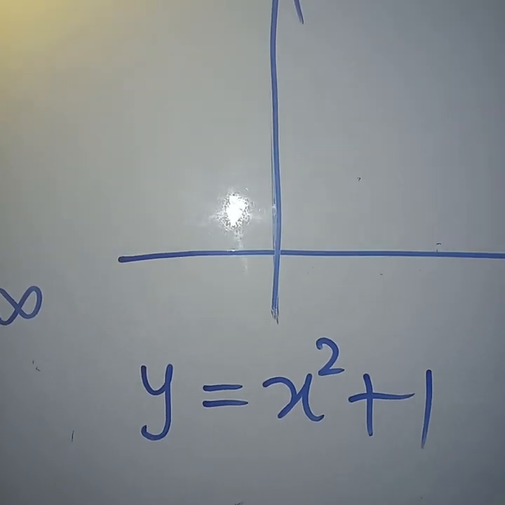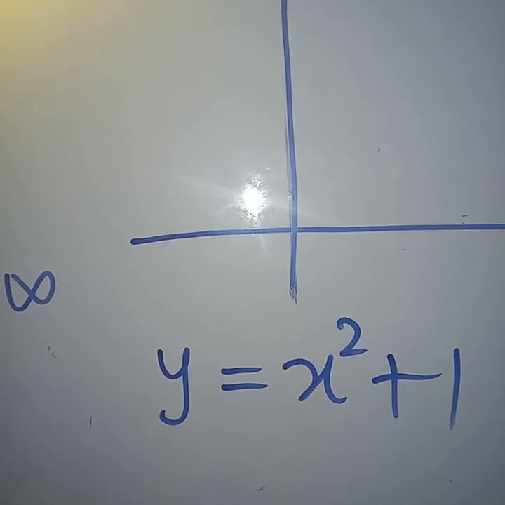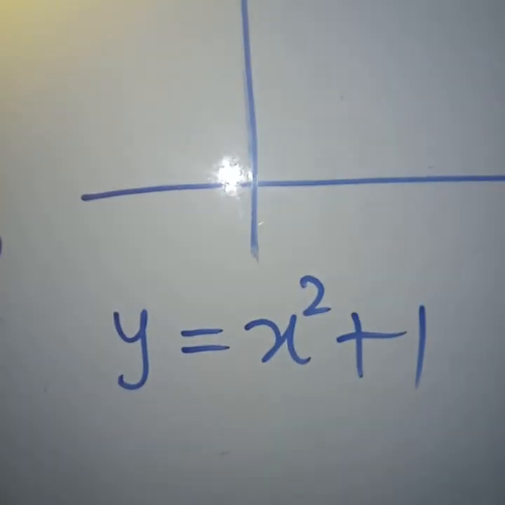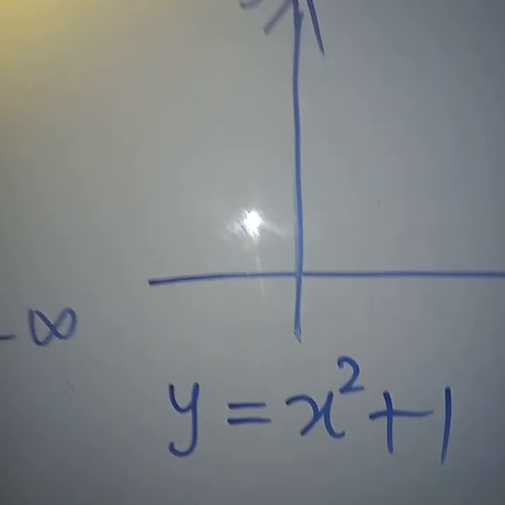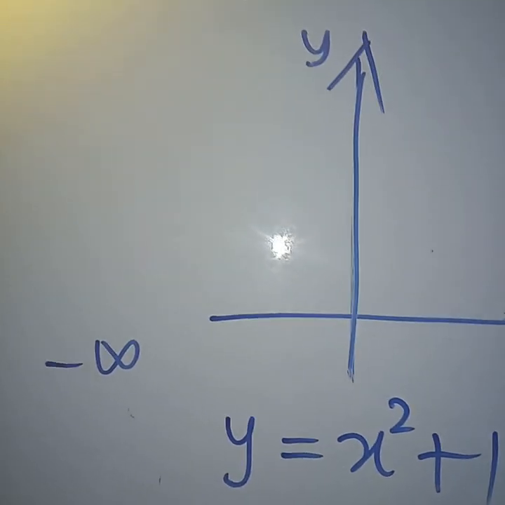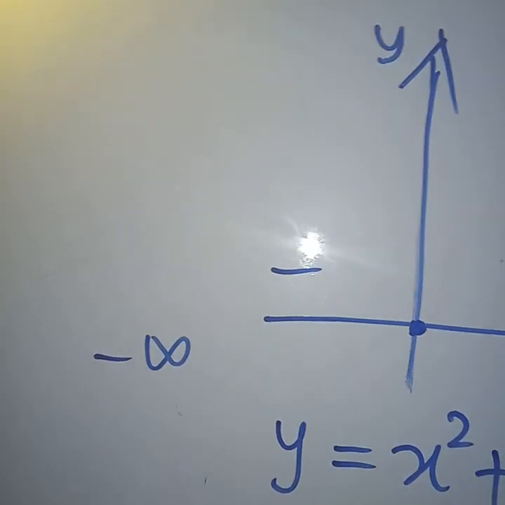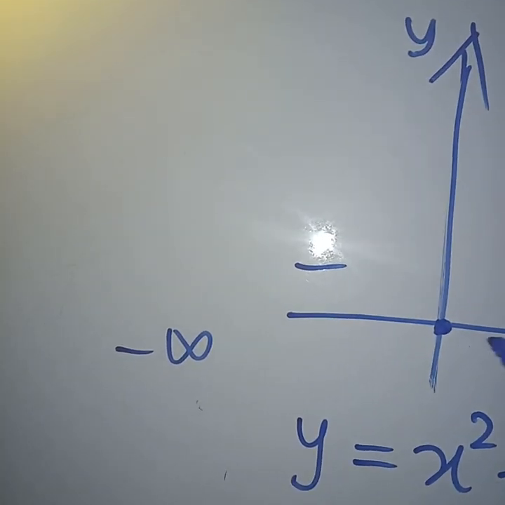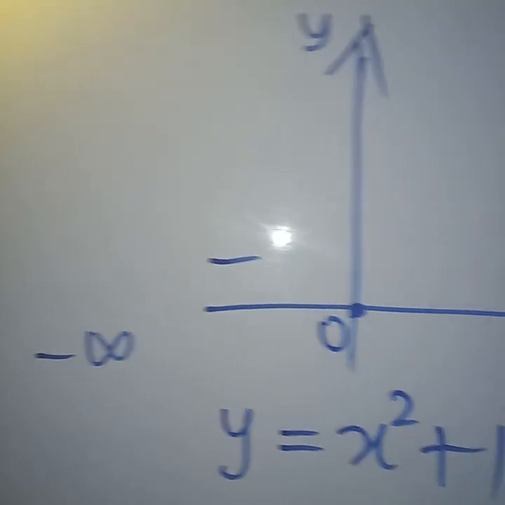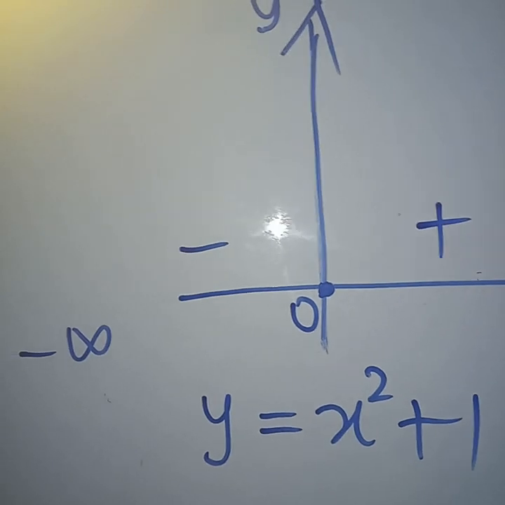If y is unique for each x, then we say this equation is a function. Since there are several values of x on the real number line, it suffices for us to choose a number from the negative side, a number from the middle, which is 0, and a number from the positive.